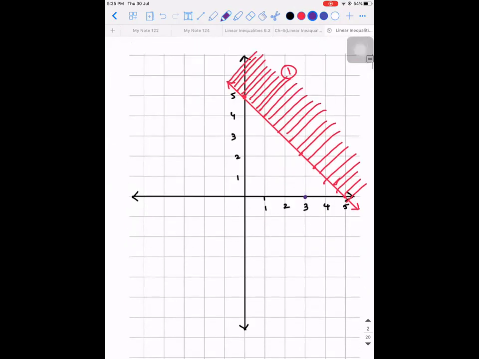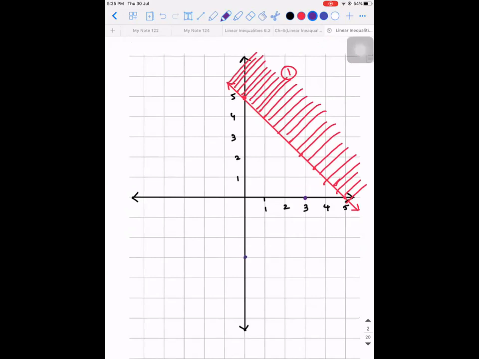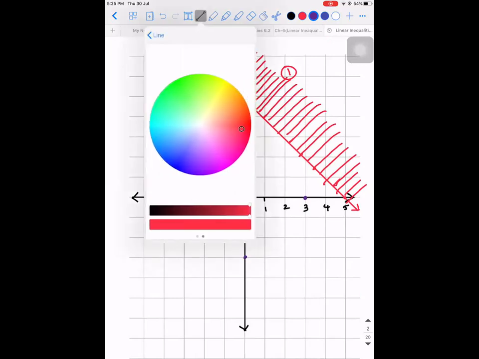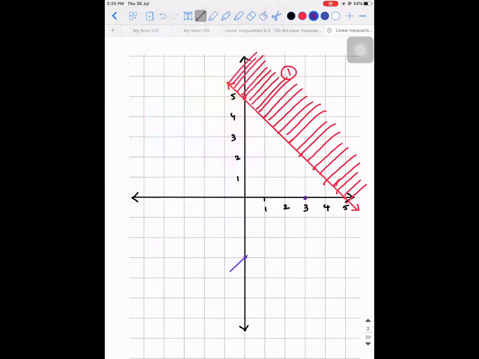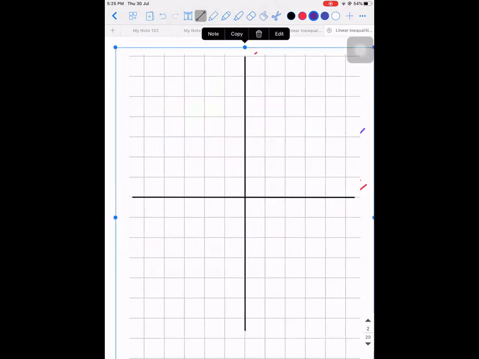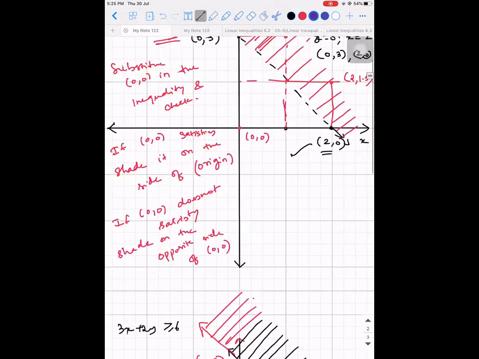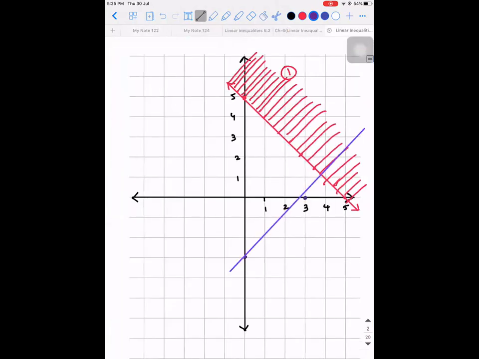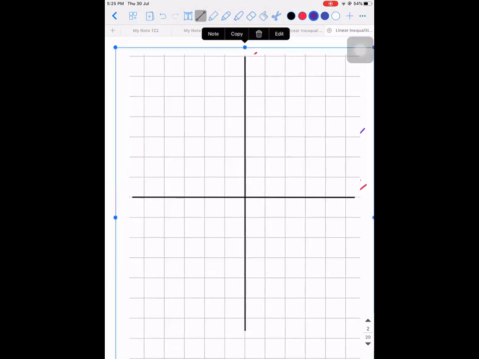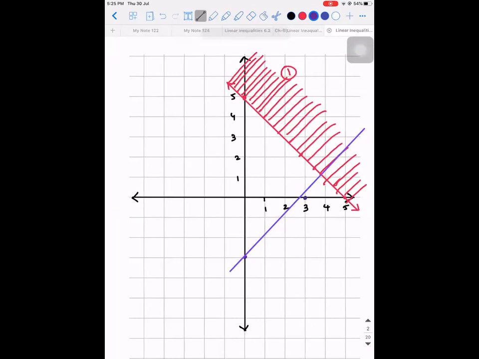Then 0, minus 3 will be here. I'll slightly extend it.